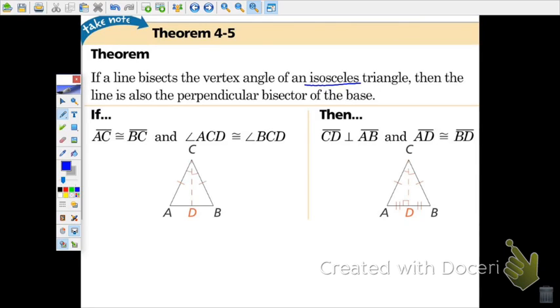Do you write? Yes, I said you should be writing this on your isosceles triangle page, because this is important information that you will need to apply.